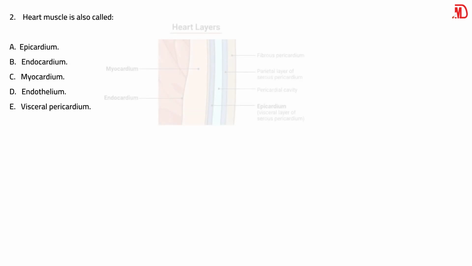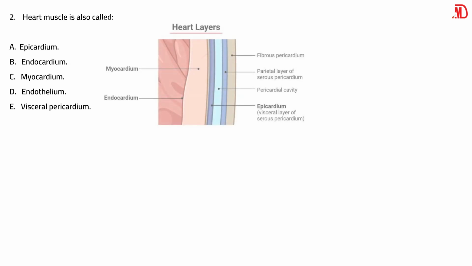The wall of the heart separates into the following layers or walls. These are epicardium, myocardium, and endocardium. The epicardium is the outermost layer of the heart, and it is sometimes referred to as the visceral pericardium.